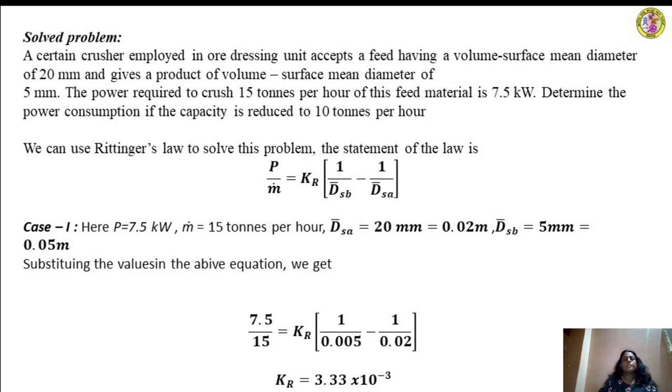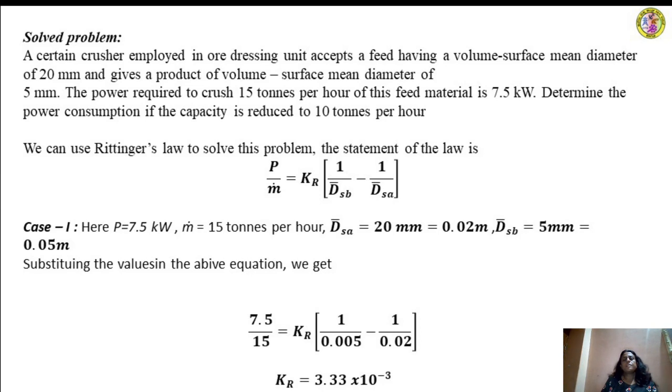Since the size of the feed and product is given as volume to surface mean diameter, the law that is to be applied here is Rittinger's law. So let us solve using the Rittinger's law statement.